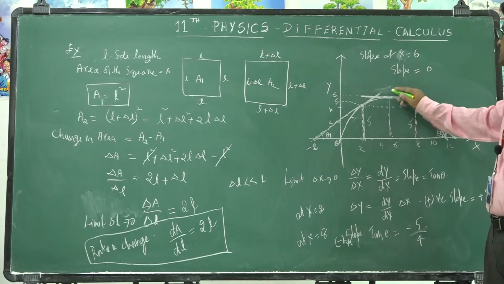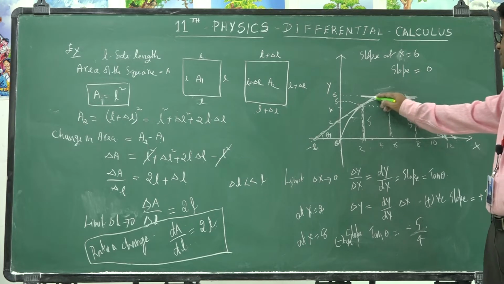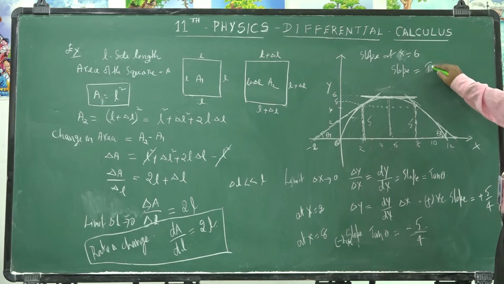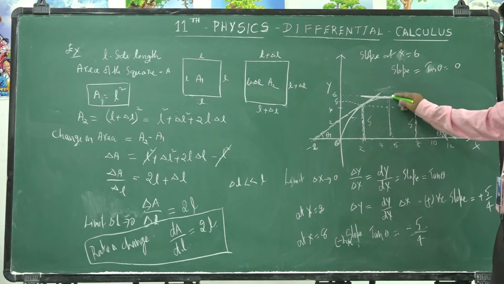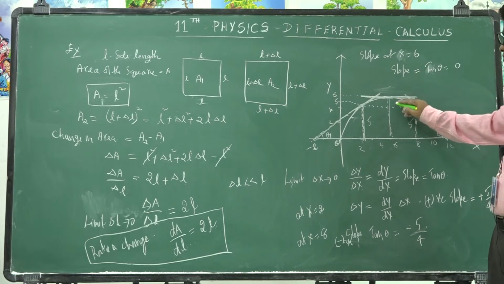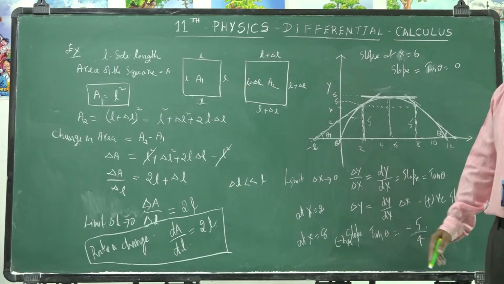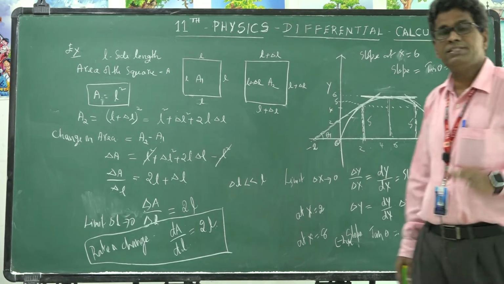Slope means tan theta, and the angle made by this line with the x axis is 0, so tan theta is 0. That means that if the curve is like this, even as x increases, the y value remains the same. That is the physical meaning.